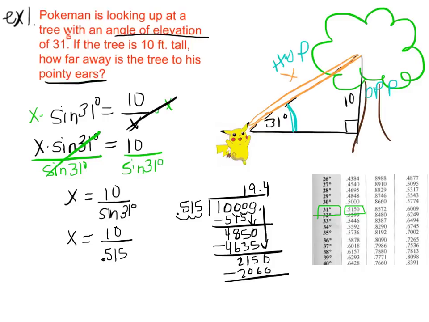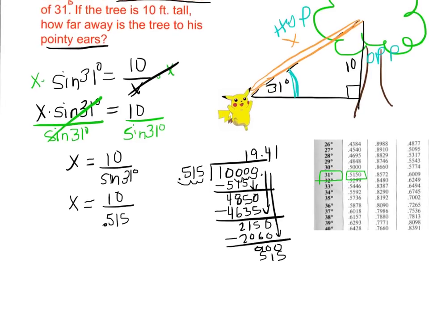When I subtract that, I am left with 90. That's a 90. And I bring down my 0. 515 fits into 900 just one time, with a remainder, when I subtract that, of 385.